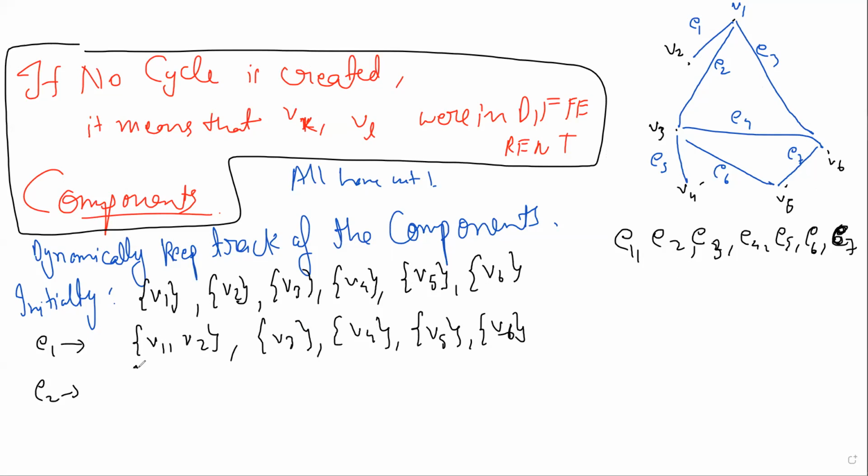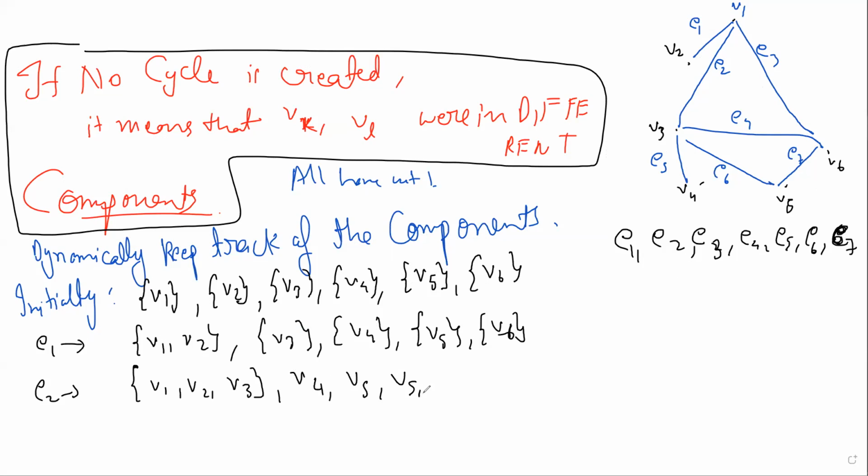So what do I do? I take the union of these. I'll take the endpoints of E2 and join the 2 sets, which means I'll just combine the 2 components, which is exactly what is happening, right? It's combining the 2 components.